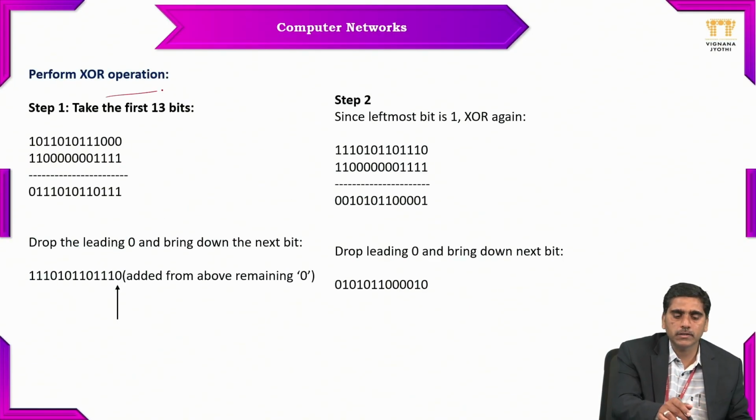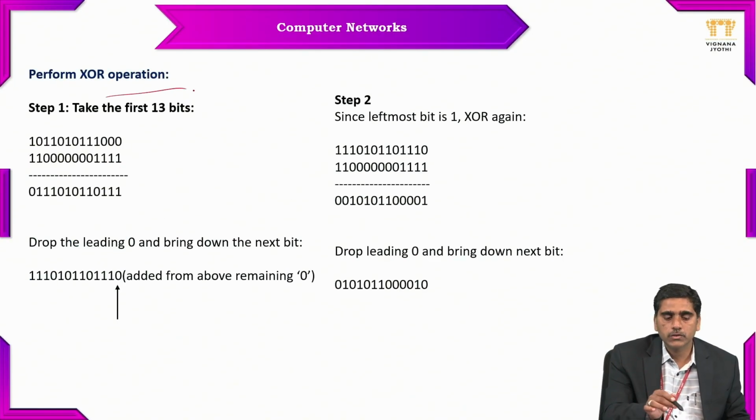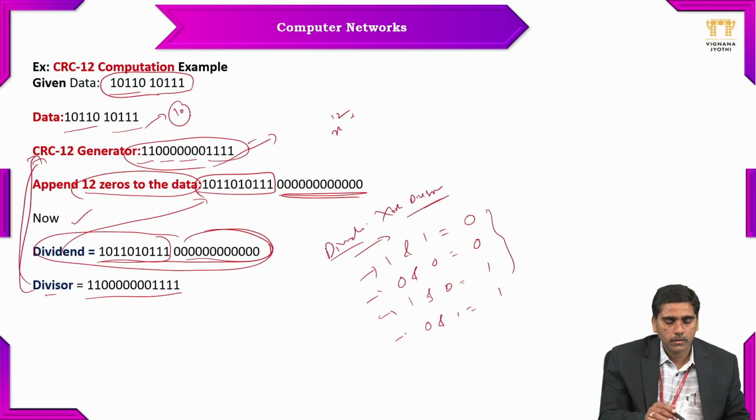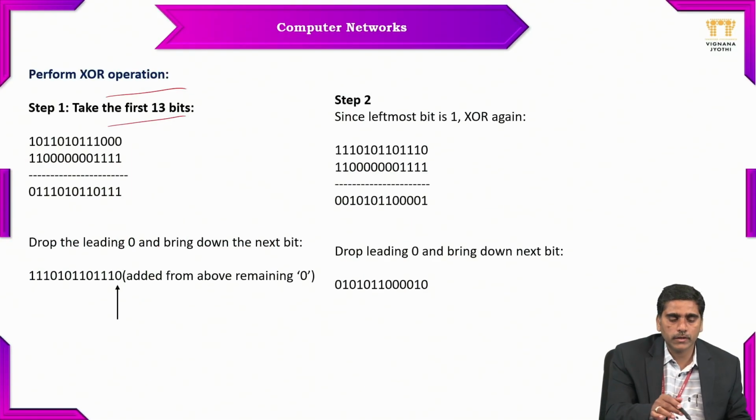First, performing the XOR operation. Step 1: take the first 13 bits from the entire bit string. Take 13 bits of this data: 1 0 1 1, 0 1 0 1, 1 1 0 0. That is the first 13 bits of the data.